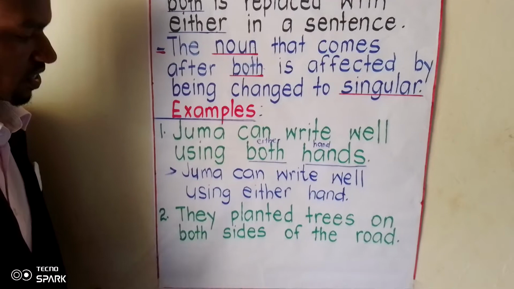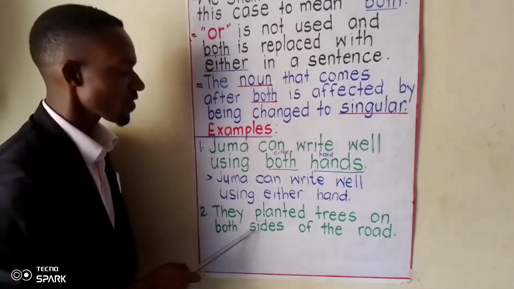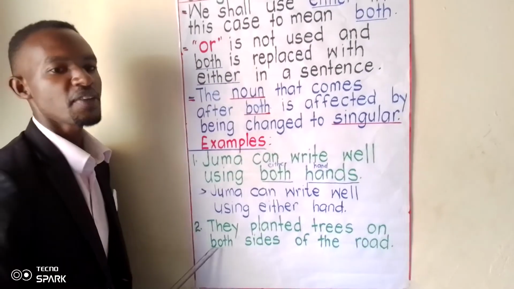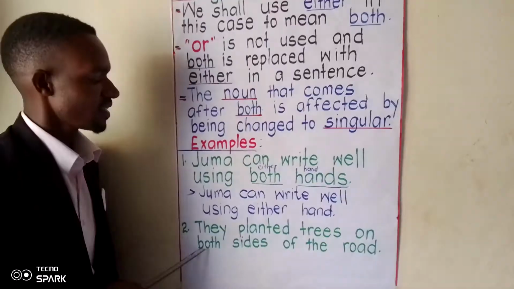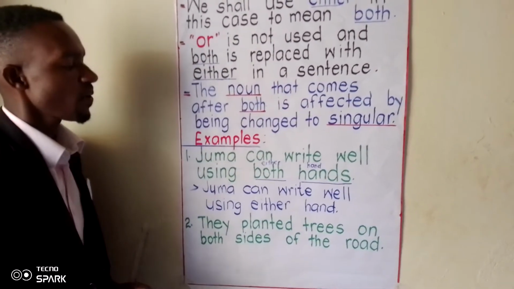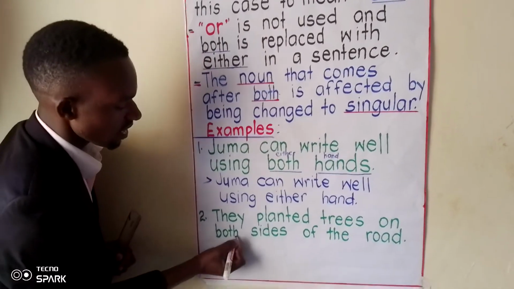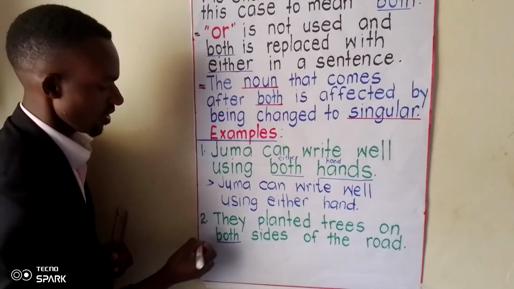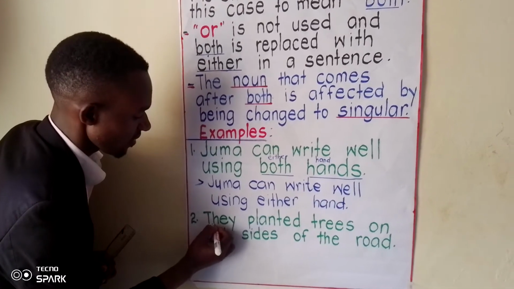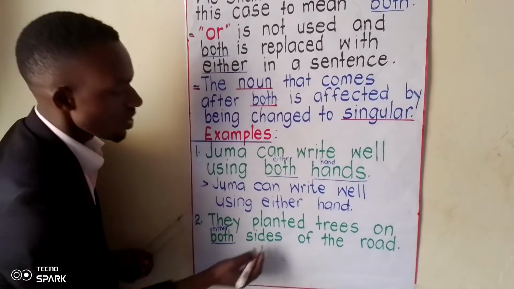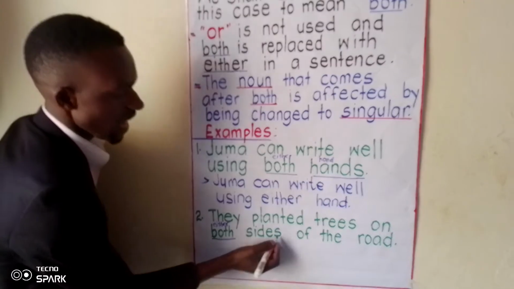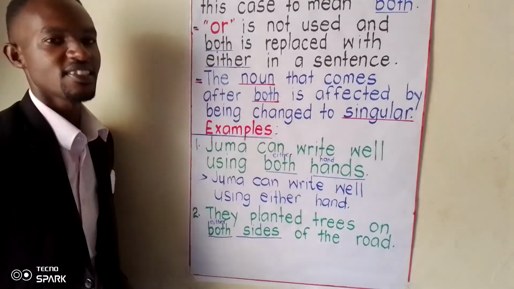Example 2. They planted trees on both sides of the road. Here, we shall apply the same method by substituting both. We replace it with either. We look at the noun after both, and the noun is sides.